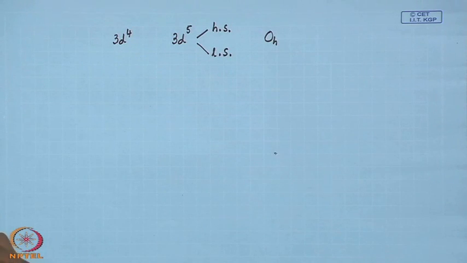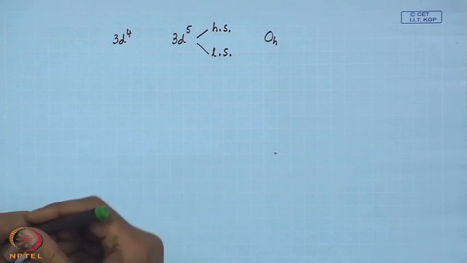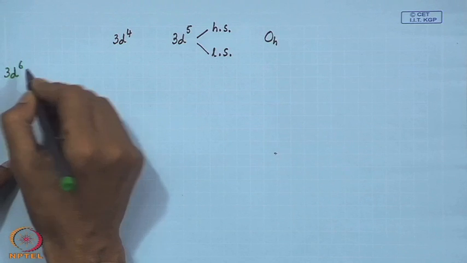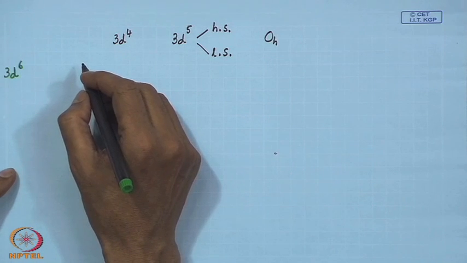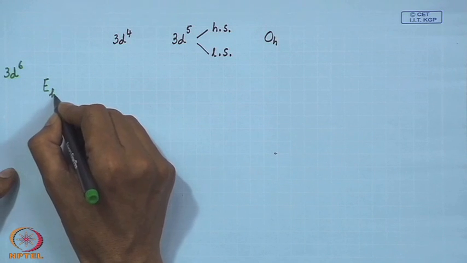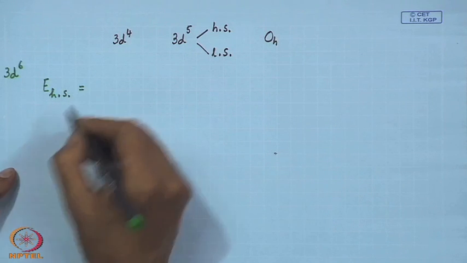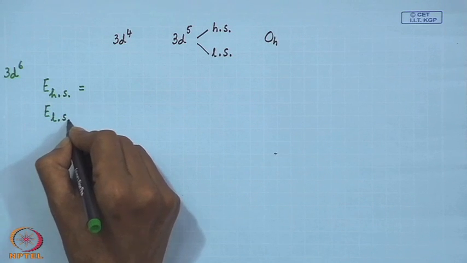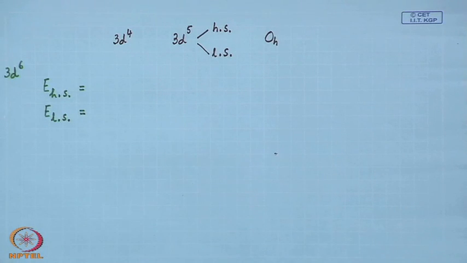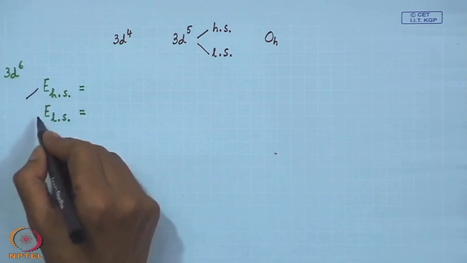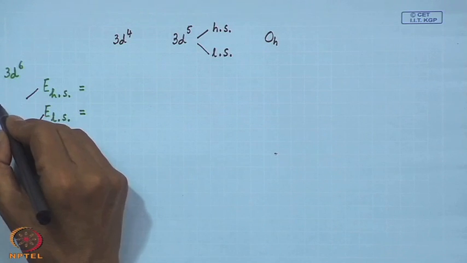And in case of 3d6, we determined earlier that the energy for the high spin situation and the corresponding energy for the low spin situation can be determined nicely if we know the amount of splitting. So, there are two different types of configurations.